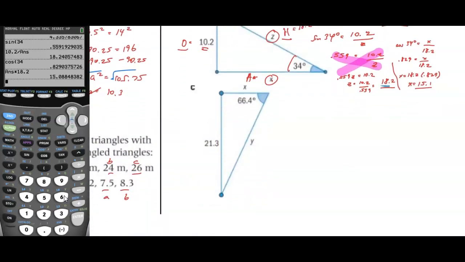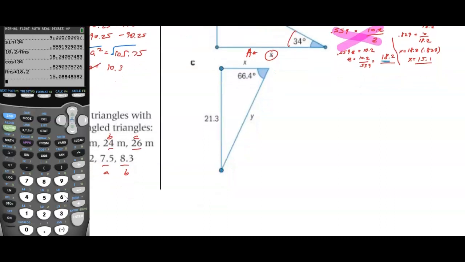All right, last one. So this, of course, is the hypotenuse. The opposite from the angle is opposite, and so the remaining one is adjacent. Let's find the hypotenuse first. We know the opposite, so opposite and hypotenuse, that would be sine. So the sine of 66.4 degrees is equal to the opposite divided by the hypotenuse, which is y.